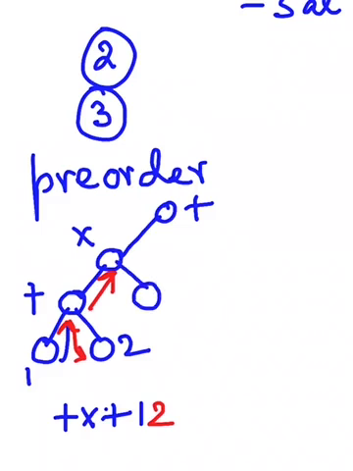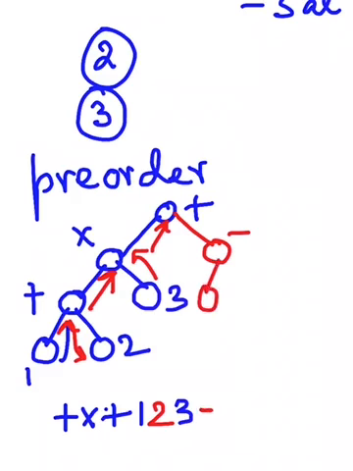And what does the right subtree store? The number 3. So we write the number 3 here, and then we have nowhere to go, so we come back and we go up here. But we have already processed the node plus, so we go down to the right subtree of that node, which stores minus. So we print minus here, and then we go down left of that, which is the node storing the multiplication symbol.